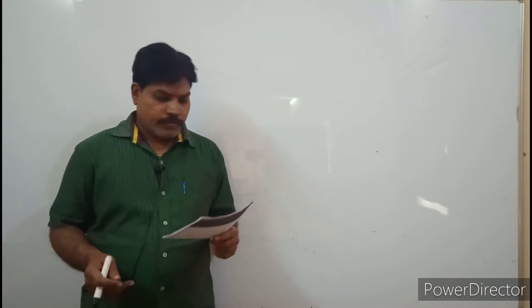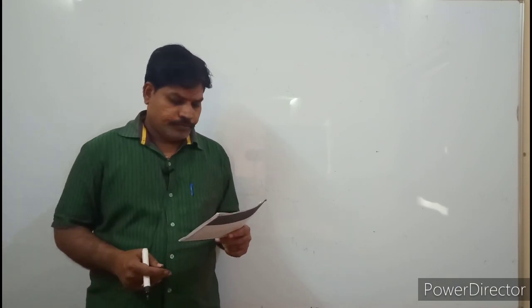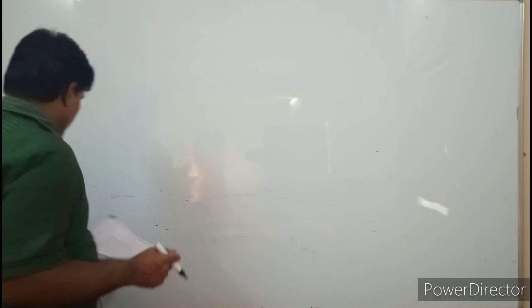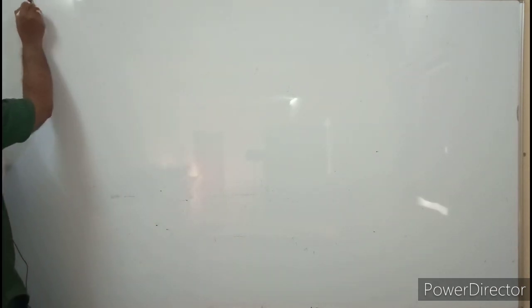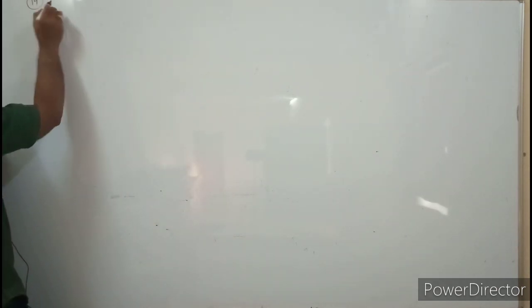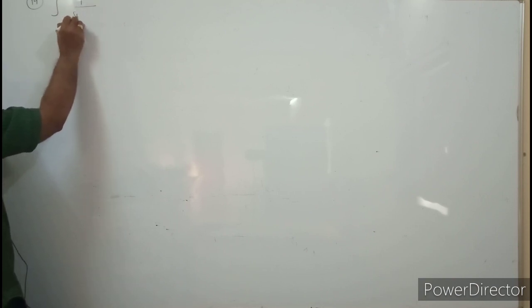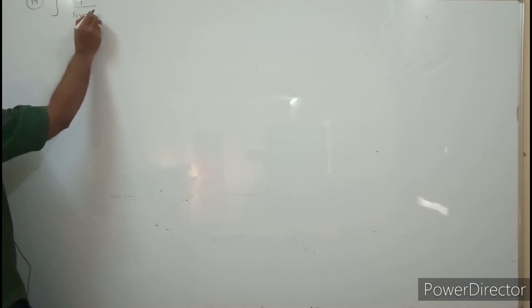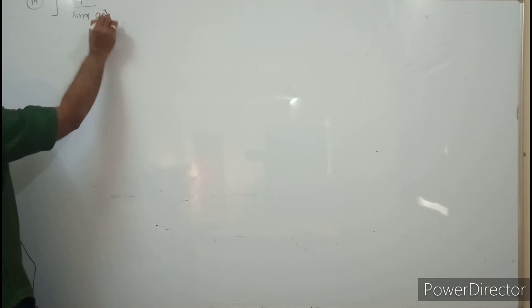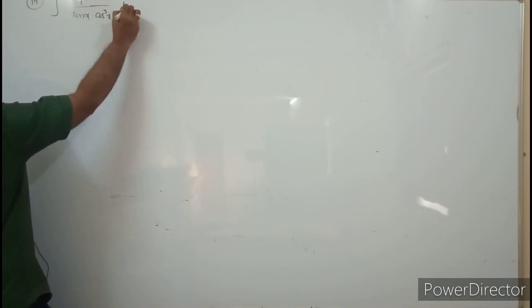See the next question, question number 19. So what is question number 19? Integral of 1 by sin x into cos cube x into dx.